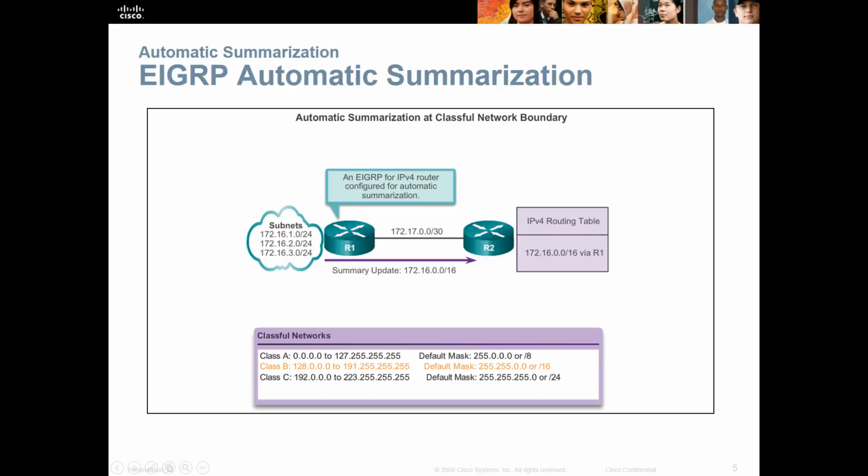Let's go ahead and switch to my pen. We can summarize these with a /16. That's kind of horrible because we don't have 4, 5, 6, 200, 250. So if we summarize these based off of their classful network boundary, we're wasting lots of addresses. But that's what we have to talk about first, so that's what we did.